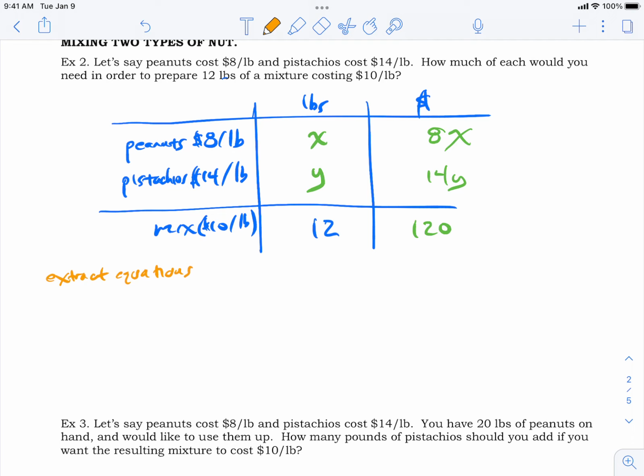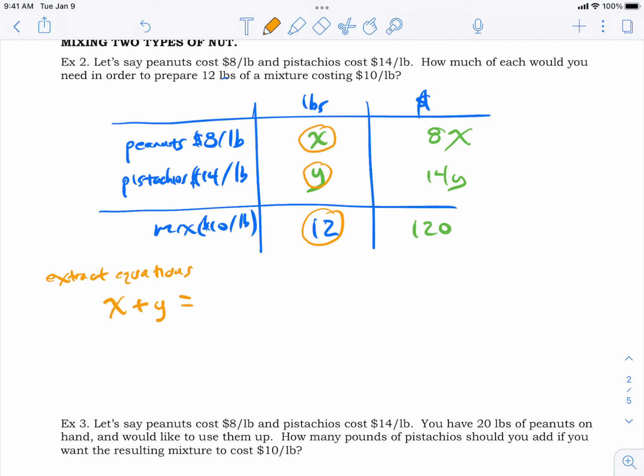Anyway, extract some equations. So we were already walking across the table this way, so you want to start doing something a little different. You think in terms of looking at the table in an up-down direction. And as before, you can say, well, if I mix this many pounds of peanuts with this many pounds of pistachios and I get 12 pounds altogether, well, that's an equation.